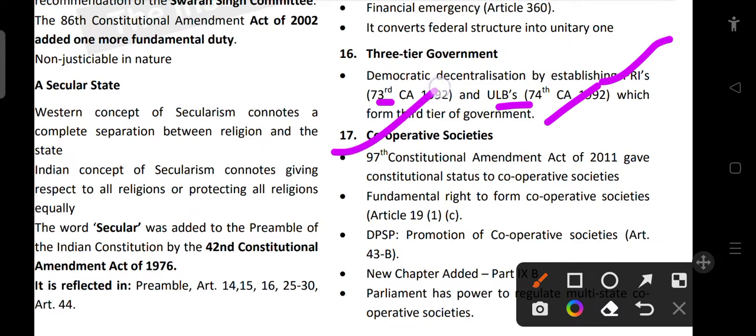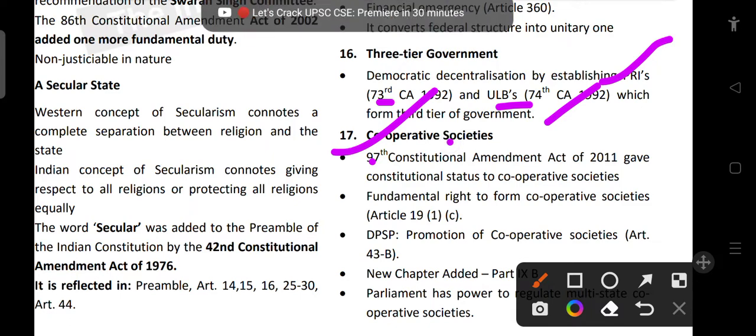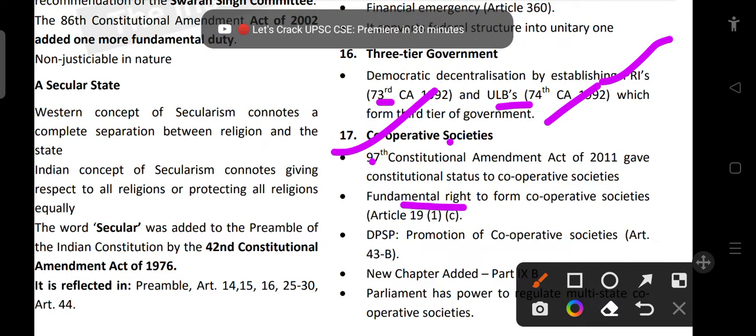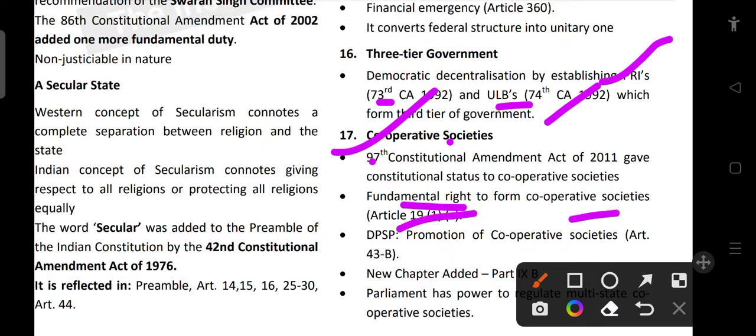And the next feature is the cooperative society. The 97th Amendment Act 2011 gave constitutional status to cooperative societies and the fundamental right to form cooperative societies, Article 19(1)(c).